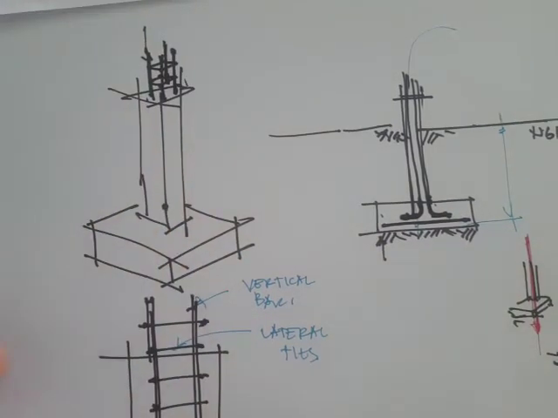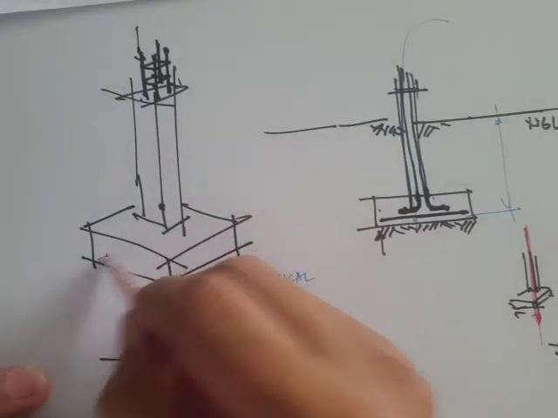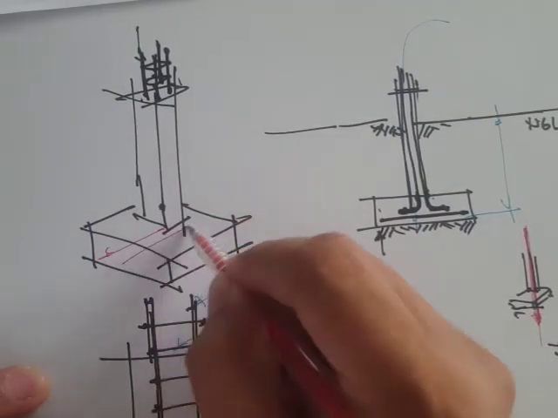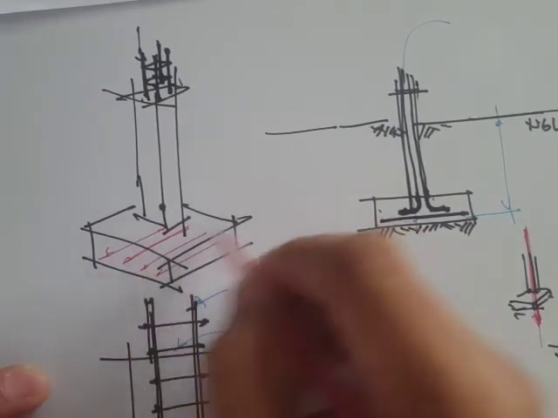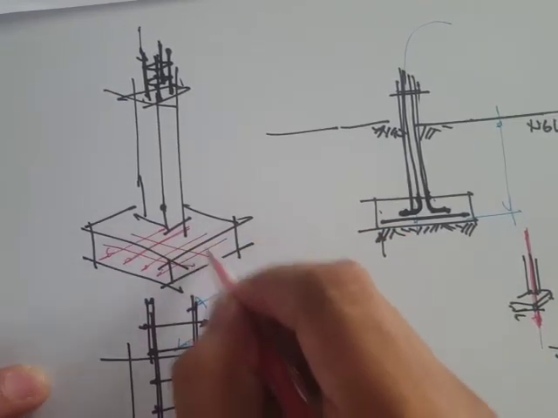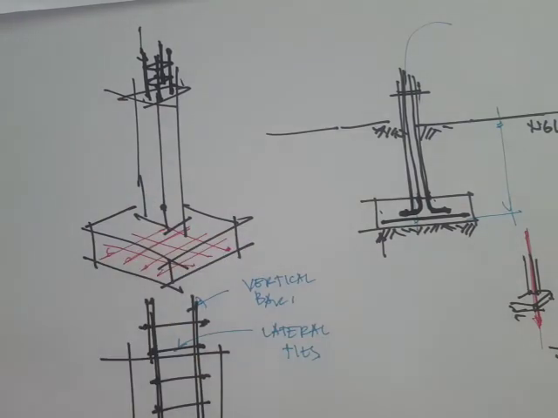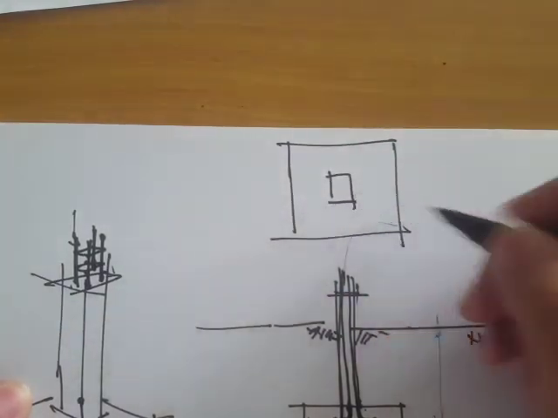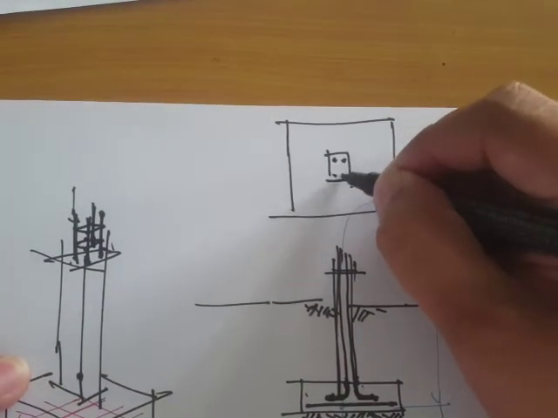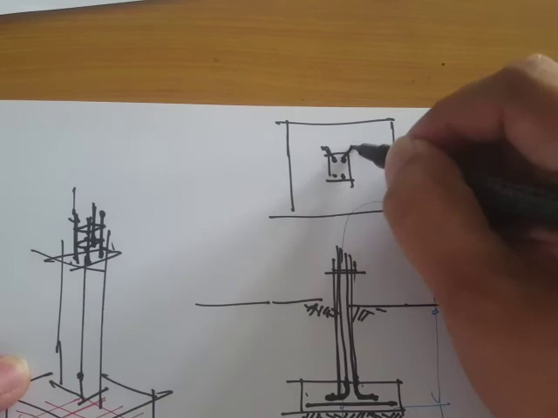So the footing also has reinforcement on both ways, meaning along this direction, and then another along this direction. So we try to look at that in a top view configuration. Top view. So let's say these are 4 bars. Then these are our bent bars.